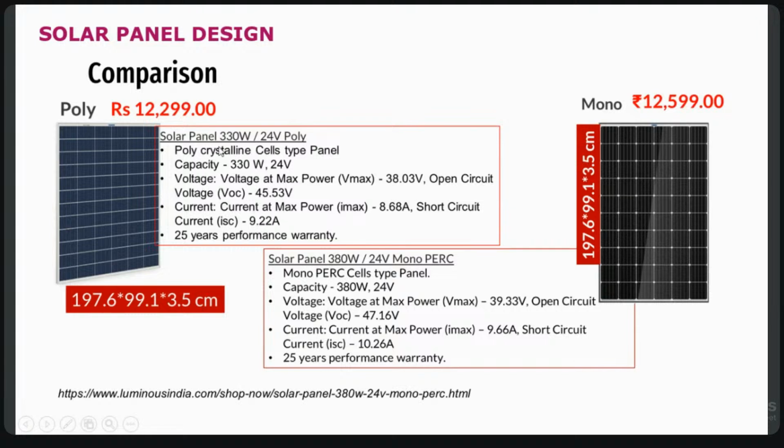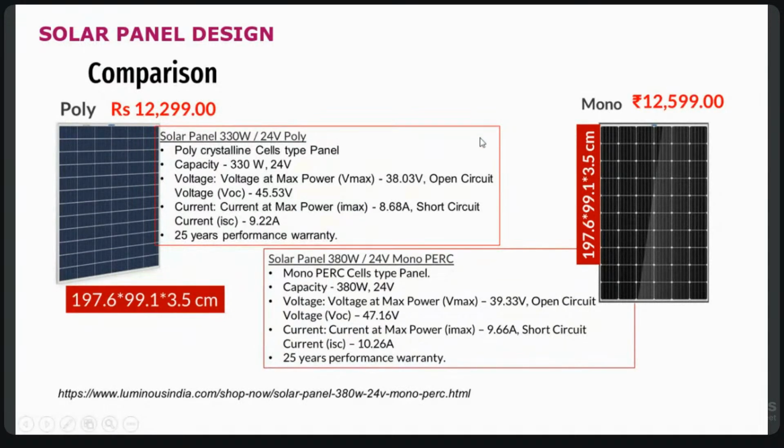The only difference is 330 watt and 380 watt. This is also the same 24 voltage for mono PERC and poly. So the main difference is only 50 watt, but the cost is also less compared to this one.